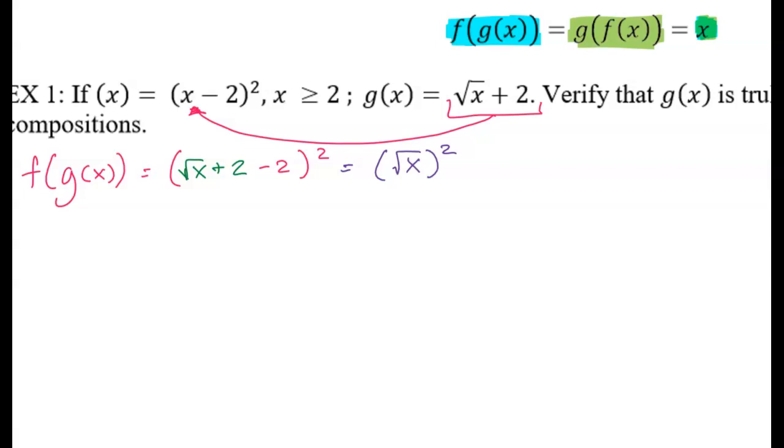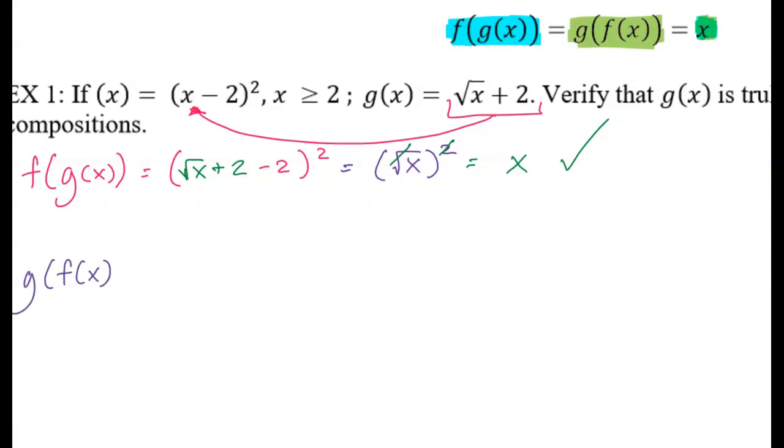What do you notice now? We have opposite operations here. Whenever you square a square root, they cancel. They're opposite operations. And I'm left with just what? X. So guess what? The first one checked out. So far, so good. So far, these are inverses.